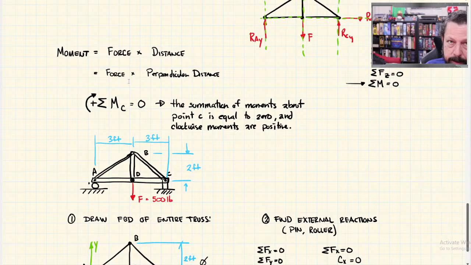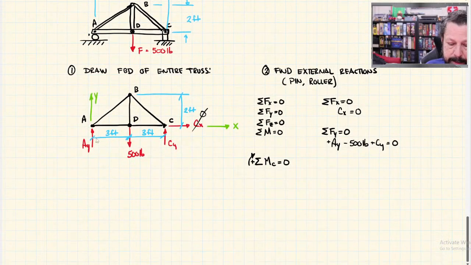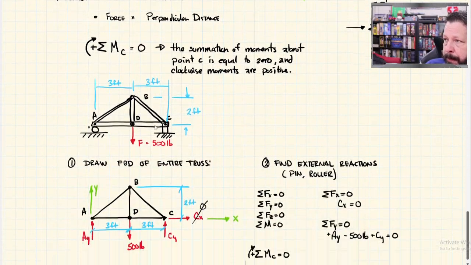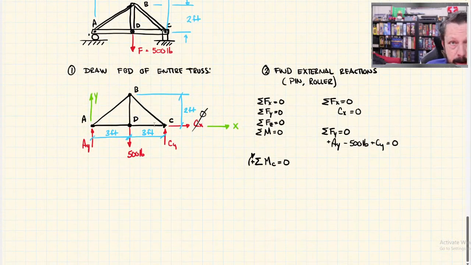I have 4 of them on my free body diagram: AY, 500, CY, and CX, although I said CX is 0. Taking those forces individually, multiplying them times some perpendicular distance, so we need to define that, and adding all that together, it should add to 0.